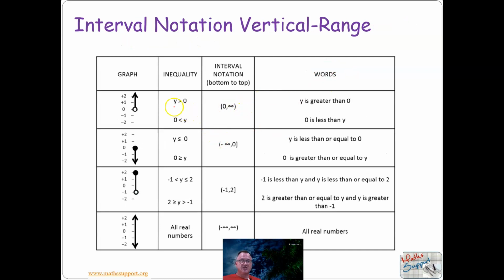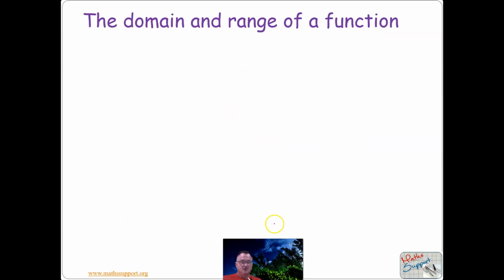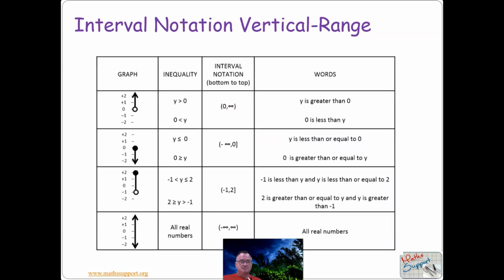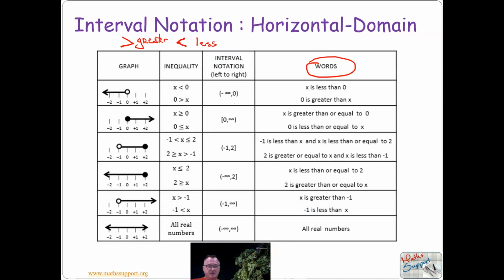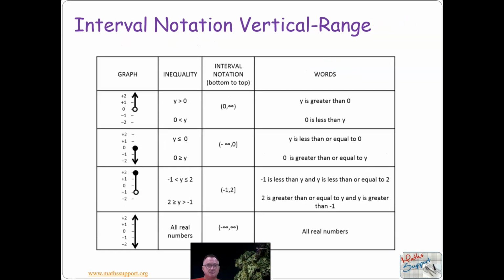So all that's changing now is we're using y's instead of x's. So this is the inequality, this is your interval notation, and this is how you would say it in words. Okay, so if you forgot any of this, just refer to these pages, take a screenshot of them if you need to.